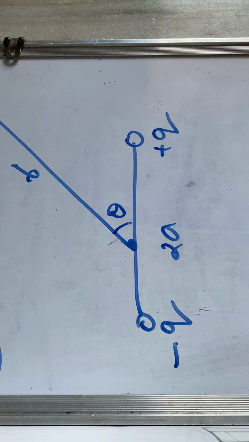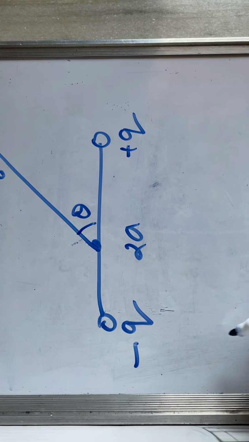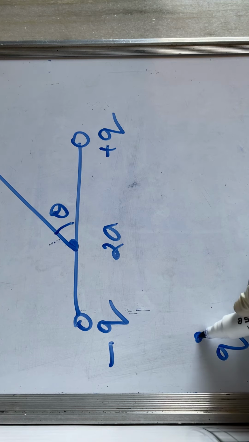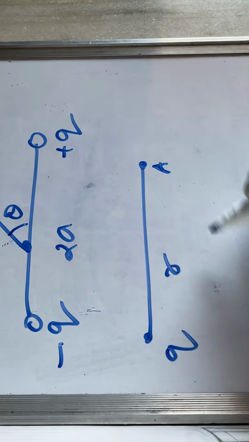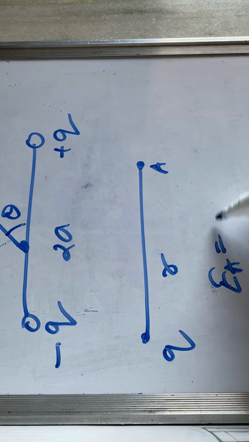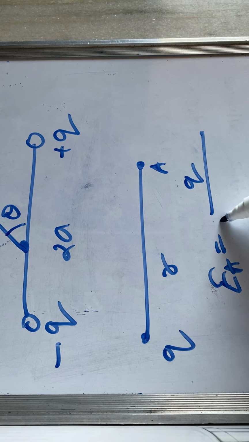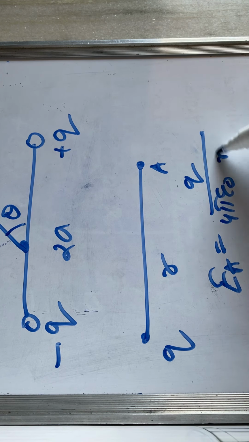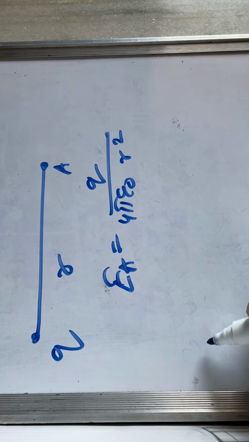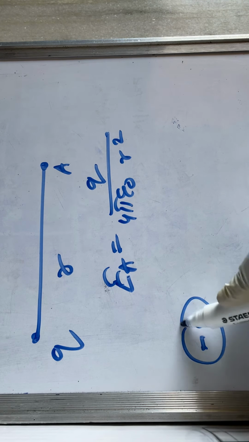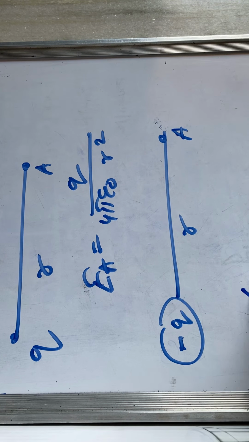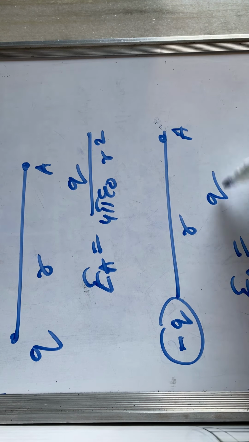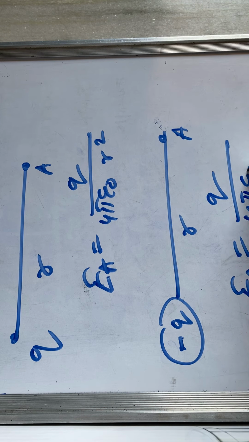As we know, because of the point charge q at r distance, the electric field at point A is simply q upon the constant 4 pi epsilon naught into r square. What is the electric field due to minus q charge at r distance from A? It is again the same value, q upon 4 pi epsilon naught r square.